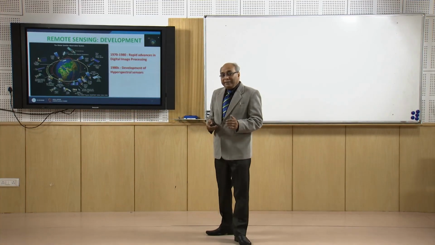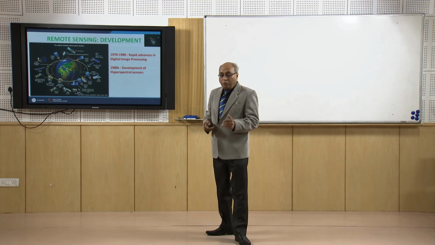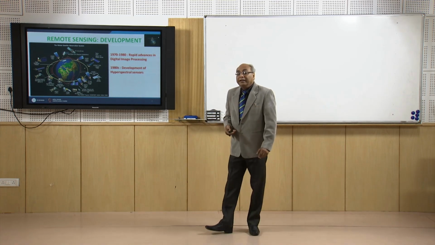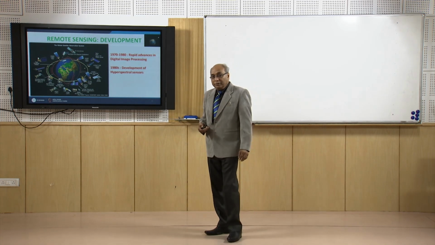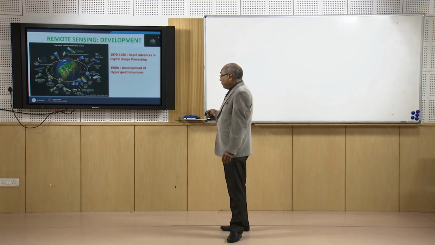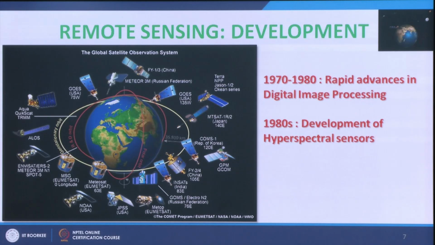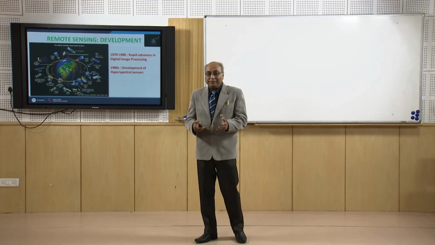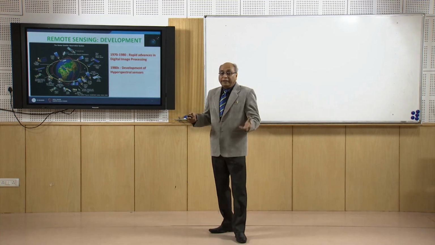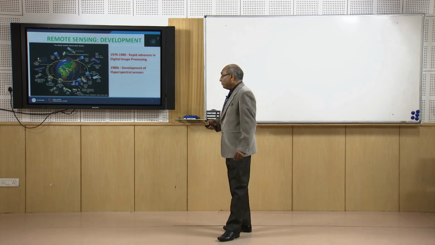Initially these sensors were flown on aircraft, tested, and later put on satellites. One example is AVIRIS, which was developed by NASA, and it had many channels, not 4 channels, or 10 channels or 36 channels like in MODIS, but about 200 channels, 155 channels or 255 channels.